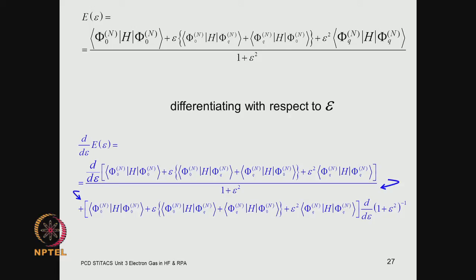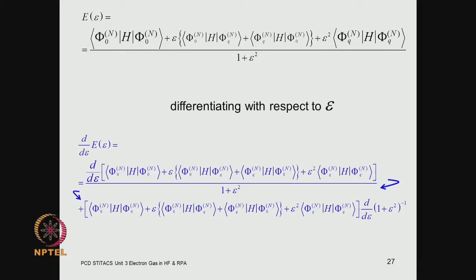So, all I have done here is to differentiate the energy functional with respect to epsilon. It is the differential of the numerator divided by the denominator plus the numerator times the differential of the denominator. So, it is this differential that we are examining.